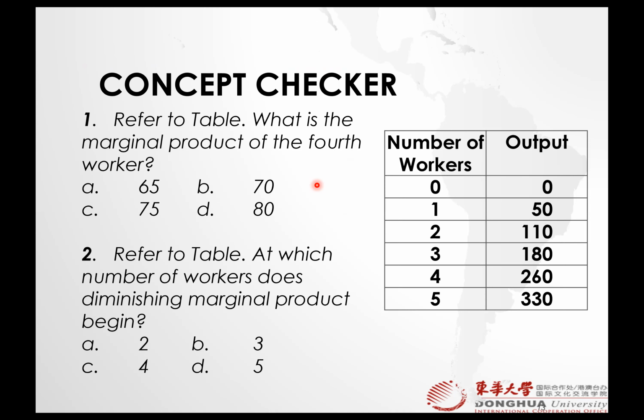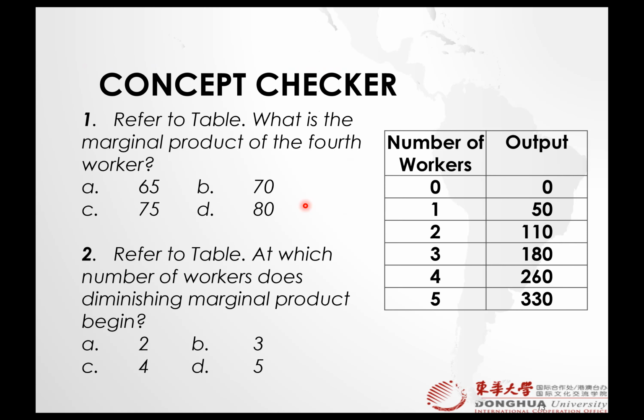Is it B, sir? B. Okay, I heard B. Rodrigo? I'm not sure yet, sir. Okay. Make a guess. I can say it's A. A. So we are A and B, right?